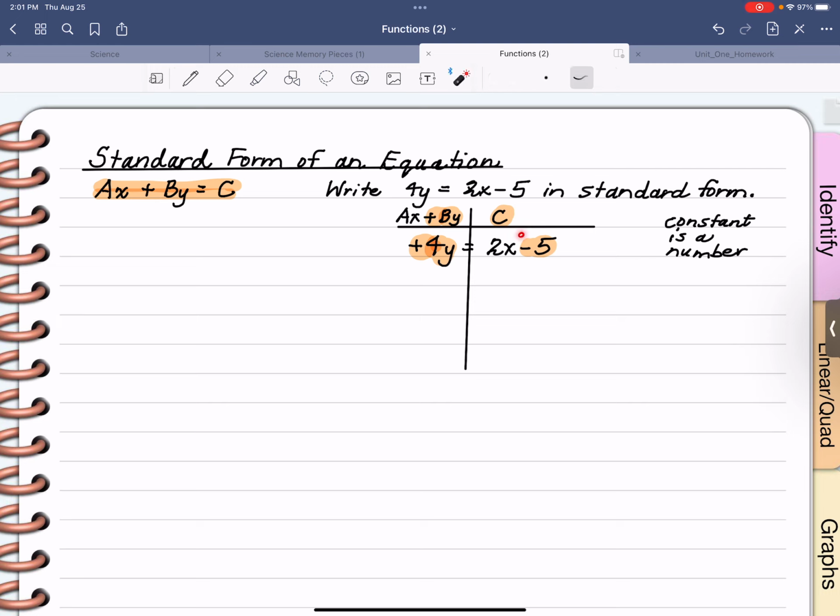Well, it's this fella, right? He's supposed to be over here with the x's. So I need to move that 2x. And I'm going to do that with the opposite. You move with opposites.